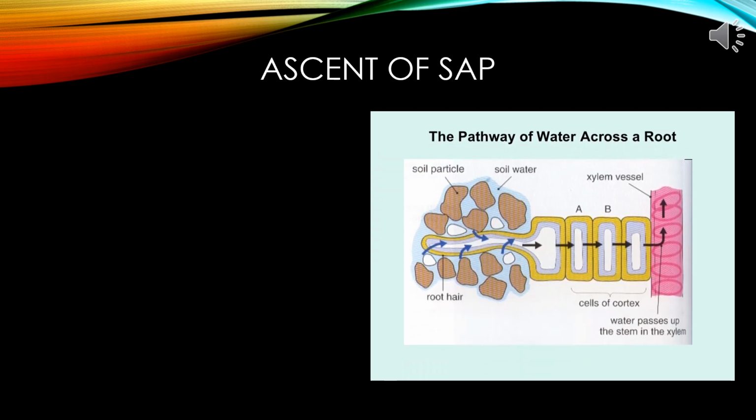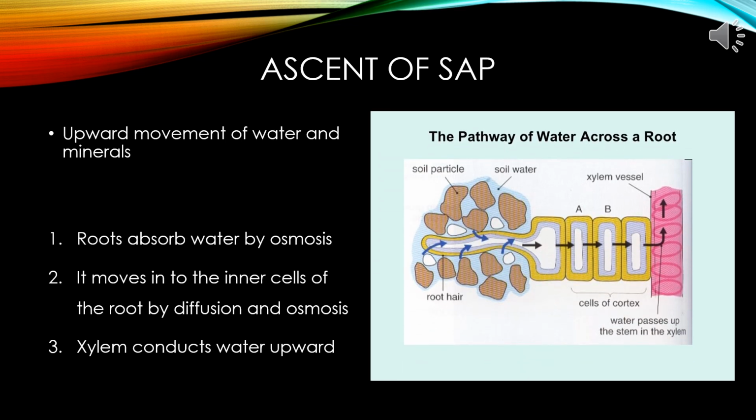Next topic is the ascent of sap. It is the upward movement of water and minerals. Here in the picture you can see the pathway of water across the root. The root hair absorbs water from the soil by the process of osmosis.